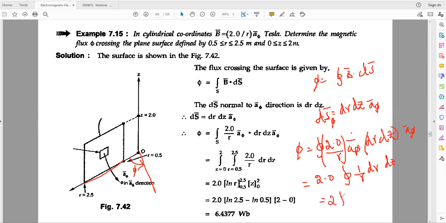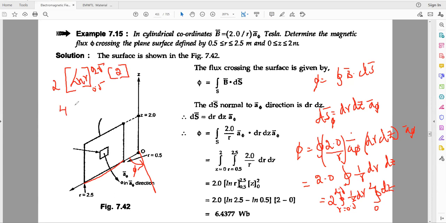That is equal to 2 times the integral with R varying from 0.5 to 2.5, and the integral of Z varying from 0 to 2. 1 by R dr: the integral value is ln of R, with upper limit 2.5 and lower limit 0.5. And the Z value, the upper limit only, we get as 2. So 2 into 2 is 4, ln of 2.5 by 0.5.